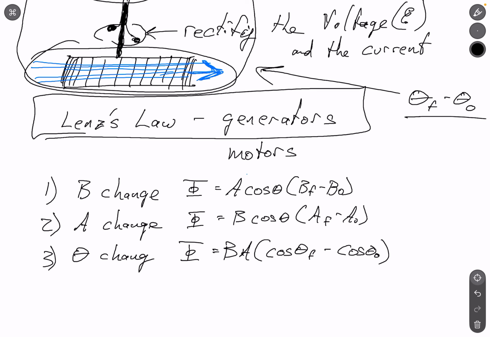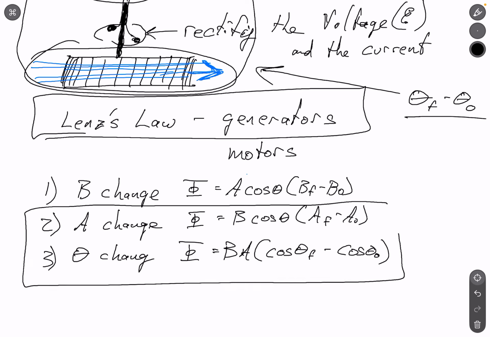Okay, now there are names, and these two come about because there's motion involved. How does your area change? Your area can only change if this bar is sliding. Okay, so that bar might have a velocity, and then your area is going from small and it's getting bigger.